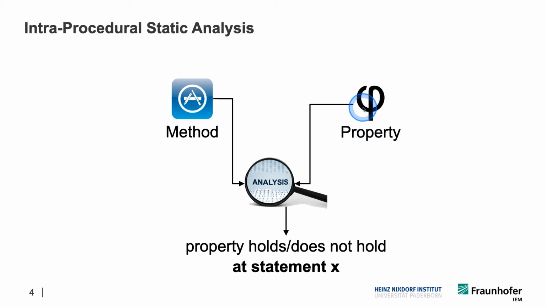And we still want to determine some property, whether that holds in this method, and that's going to be determined by our static analysis. What's different here is that we really want to make sure that this property holds or does not hold at a certain statement X. Okay, so we have some specific statement in this method, and we want to know is this property true or not at that given statement.